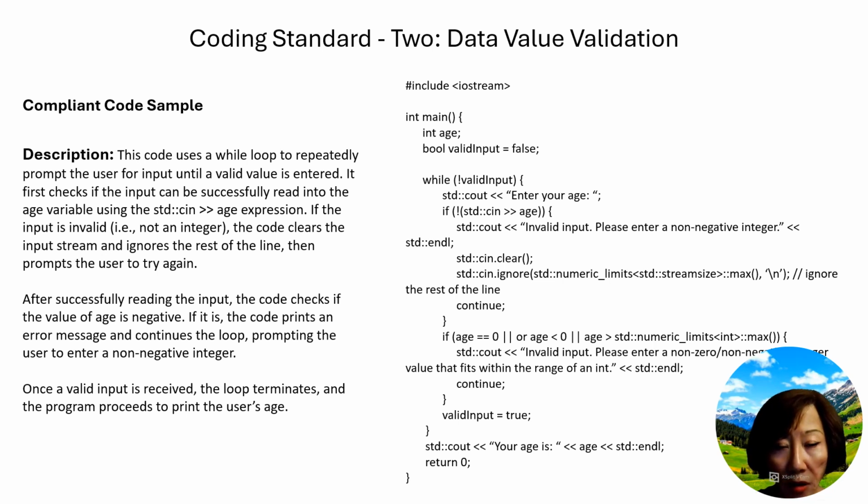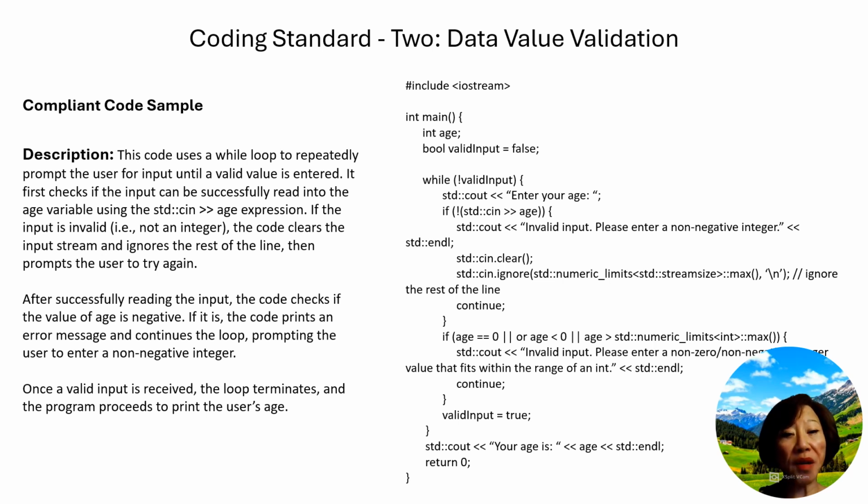This code here uses a while loop to repeatedly prompt the user for input until a valid value is entered. It first checks if the input can be successfully read into the age variable using std::cin, pushing out to the age variable expression.